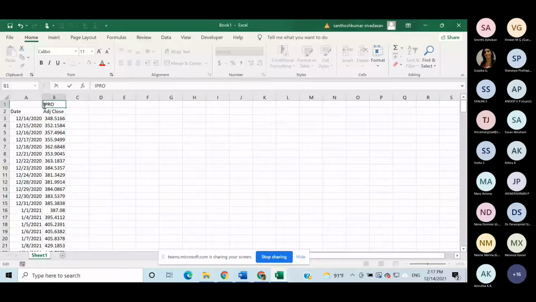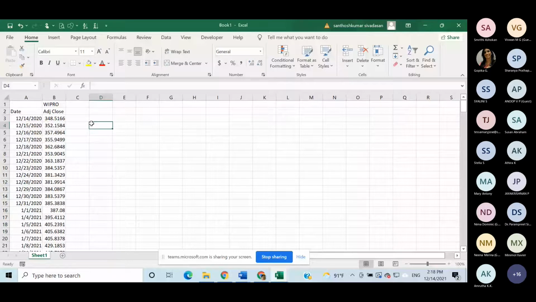Wipro adjusted closing prices. Okay, we will go for some more shares later. Individual stocks return and risk. First of all, we will compute, and also we will try to understand or distinguish the simple return and log return. Okay.